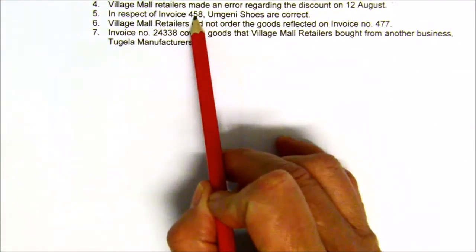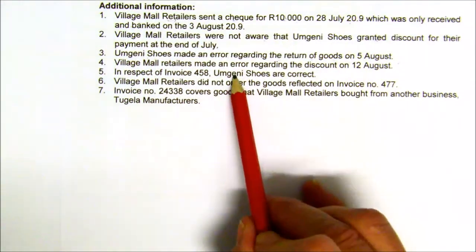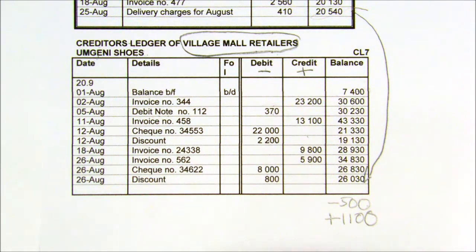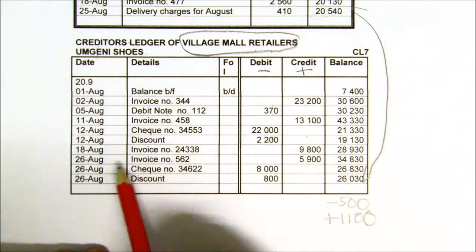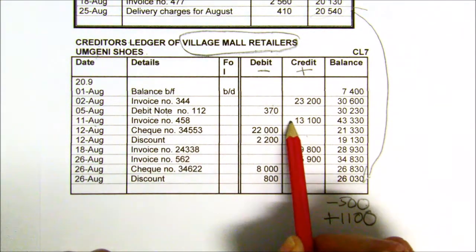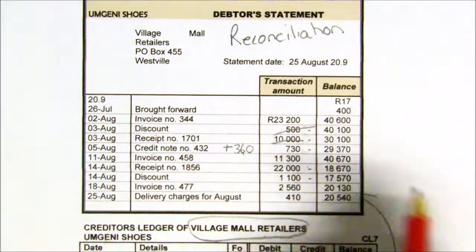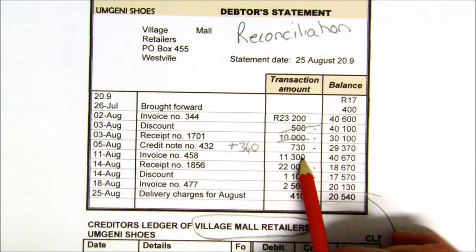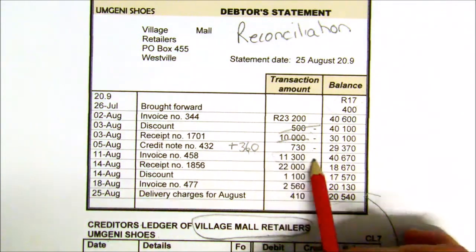In respect of invoice 458, Umgeni Shoes are correct. Right, in our book, here's invoice 458, and we've added on 13,100. According to their statement, invoice 458, they added on 11,300, and they're telling you that this is the correct amount.